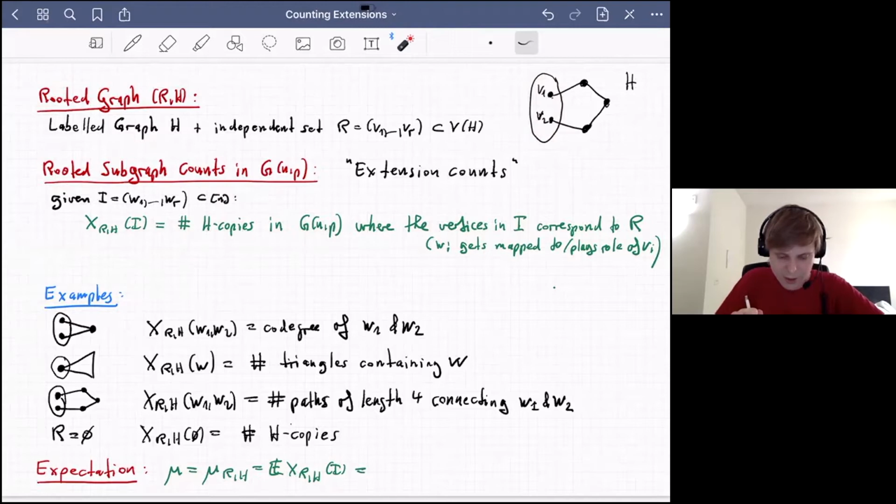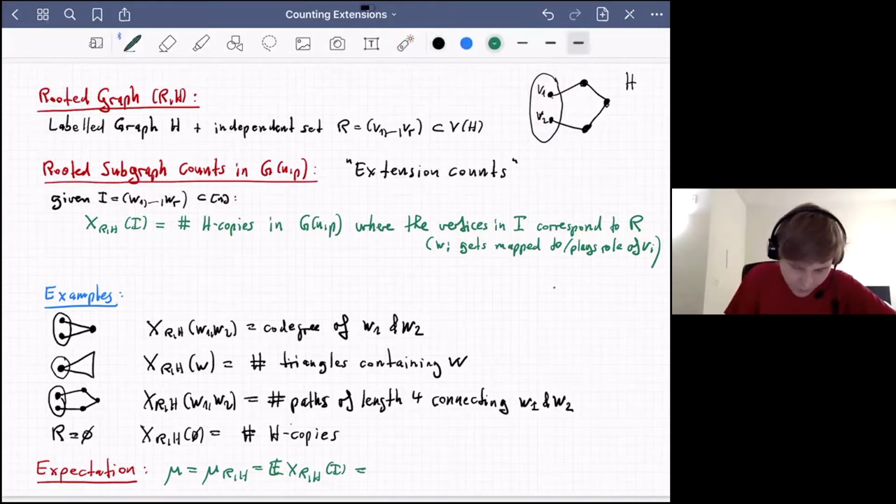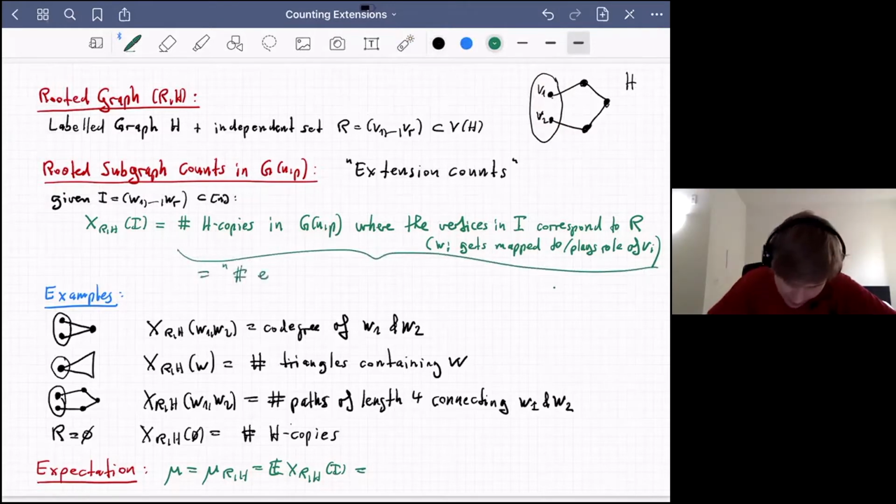So what do we consider as rooted subgraph counts? The idea is that we fix some set of vertices I inside the random graph G(n,p), and then we count the number of H copies in our random graph where the vertices of this particular set I correspond to the vertices of the designated root in our graph H. You can think of it as the number of H copies where the vertices of the set I that you fix get mapped to the root R. Because of this property, one can think of this roughly as the number of extensions of the set I to a copy of H in our random graph G(n,p).